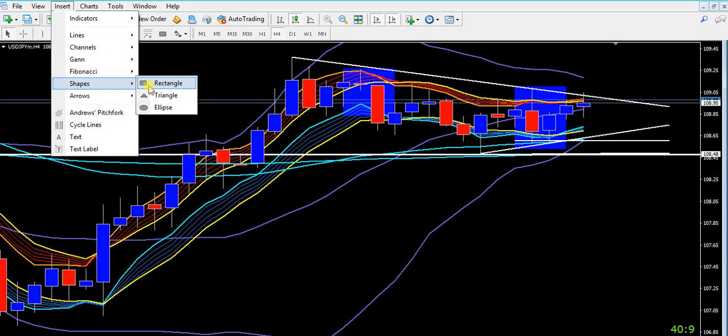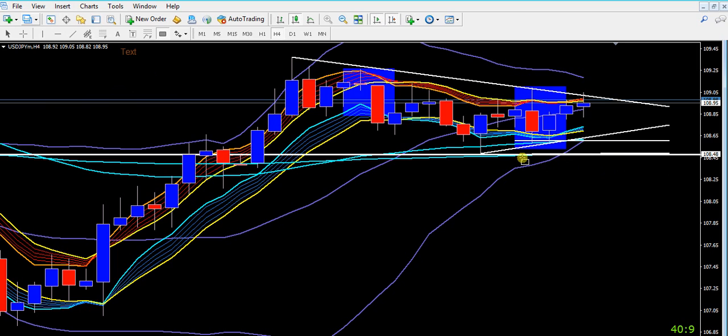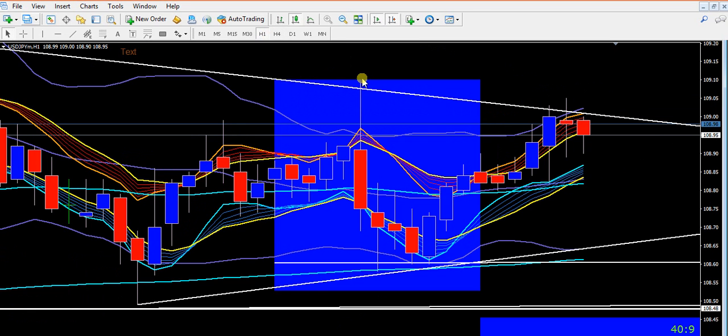Okay, first we have to make a plan. Where is the stop loss position placed? We know that this is my stop loss area, and then let me check the lower time frame.